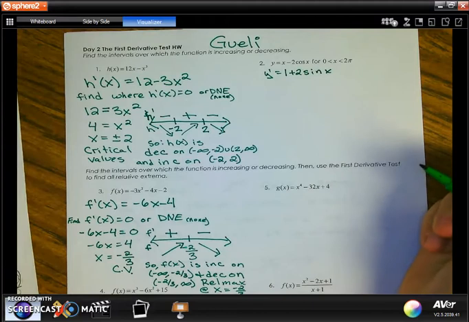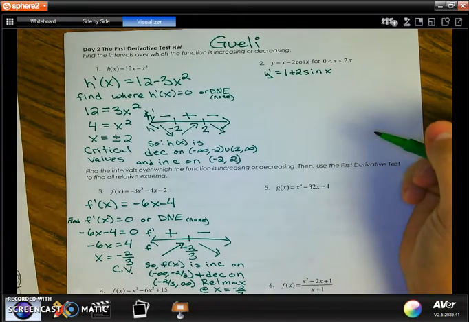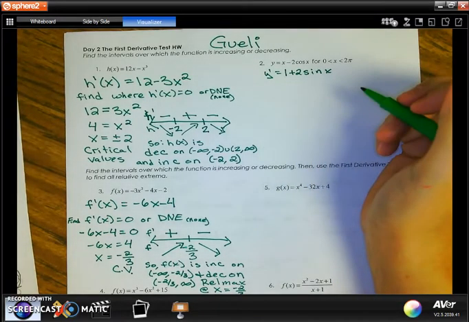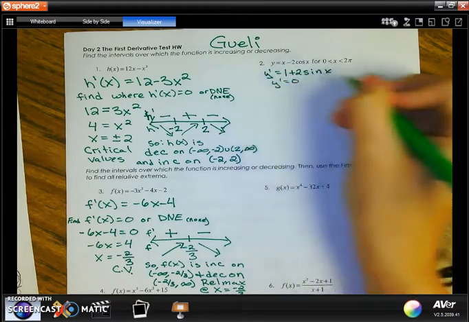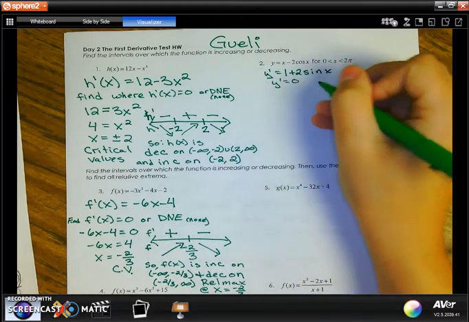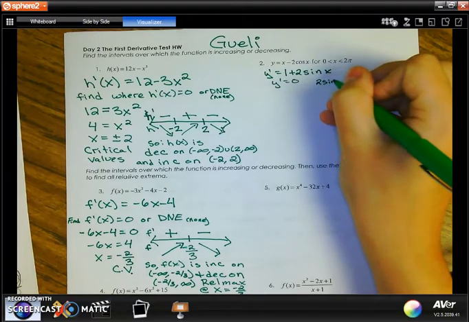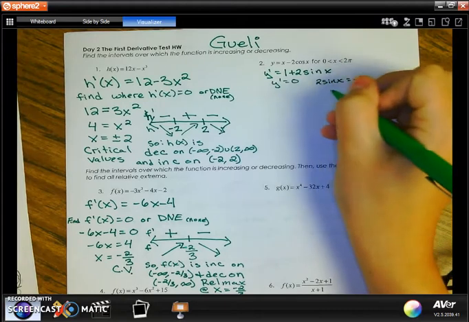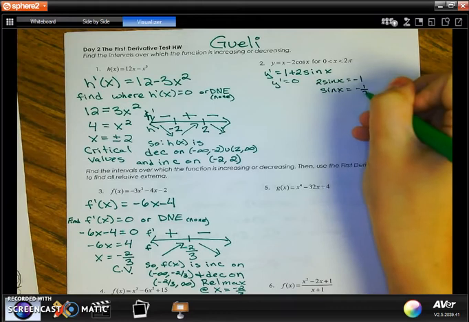Again, my goal is to figure out where that derivative equals 0 or where it does not exist. Because I'm working with sine here, I don't need to worry about where it doesn't exist, because this is going to exist everywhere in that interval. But I do need to set my derivative equal to 0. So 1 plus 2 sine x equals 0 gives 2 sine x equals negative 1, and sine x equals negative 1/2.